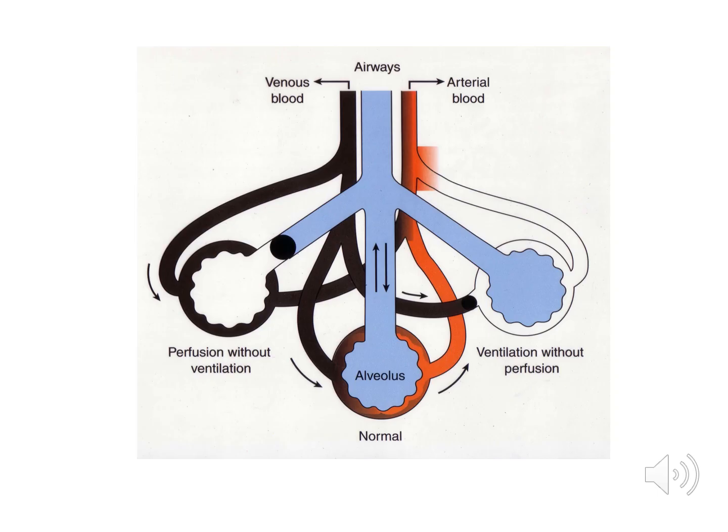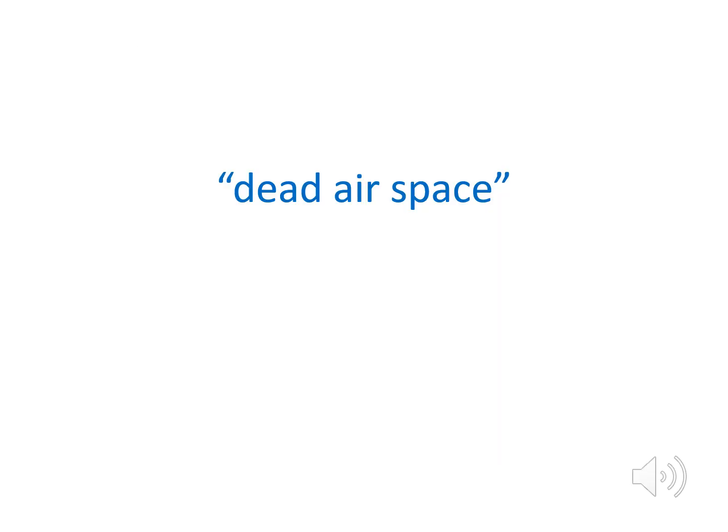There's no blood flowing through that pulmonary capillary. Again, that is not conducive to good gas exchange. When that happens, we call it dead airspace, because even though the air is there in the alveolus, it's basically dead, because there's no blood coming through, and so it can't participate in gas exchange.